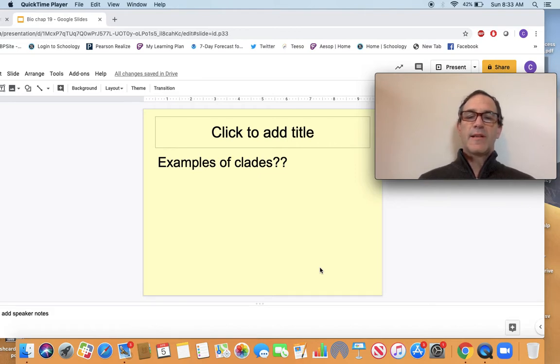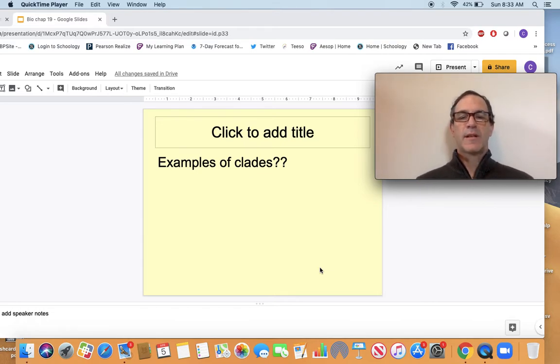Can you think of any examples of clades in the animal world or plant world? Well, you may think of things like perhaps the birds. The bird group would be a clade. We might think, oh, we've got robins, we've got finches, we've got ostriches, right? And they all came from some ancestor that somewhere along the line came up with this idea of wings and feathers as adaptations.